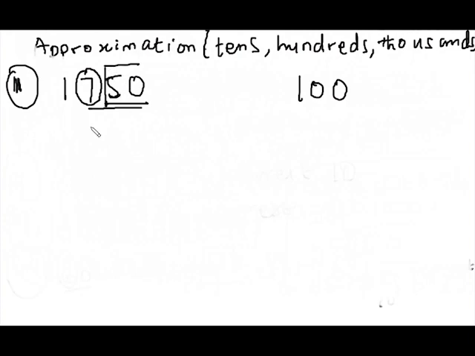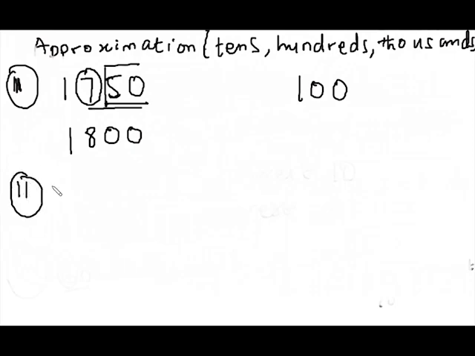Okay, so this is 1. This number can be rounded up to 1 and added to this number. So that means that we have 1800 as this number to the nearest 100.